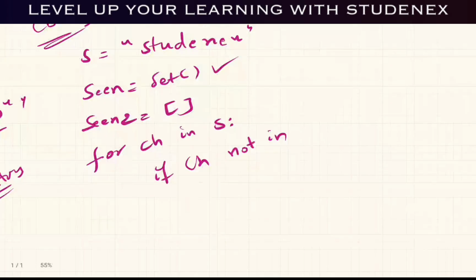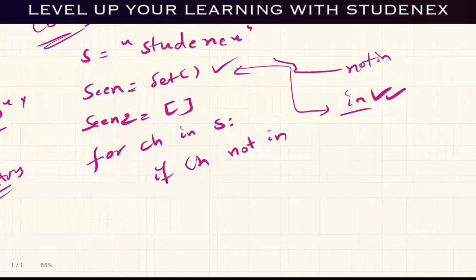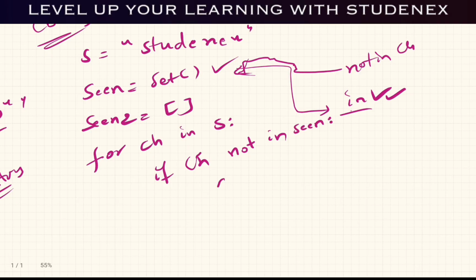We checked "in" already; it checks whether it is in that particular variable, set or hash map or not. If not in, it means this character is not in the set, and we proceed into this statement. Not in seen, we just do seen.add. In sets we use the add function, add character, and we also add this character to the array. In arrays we use append to append the character.